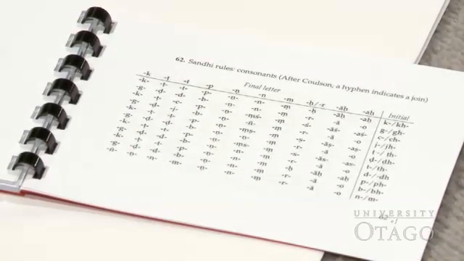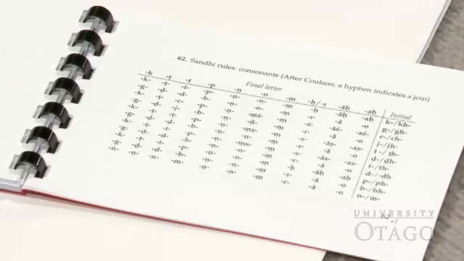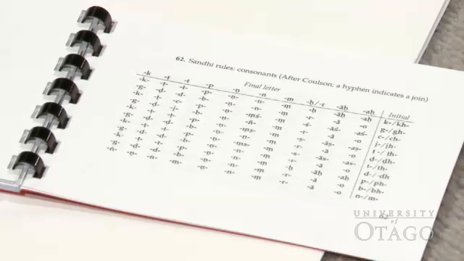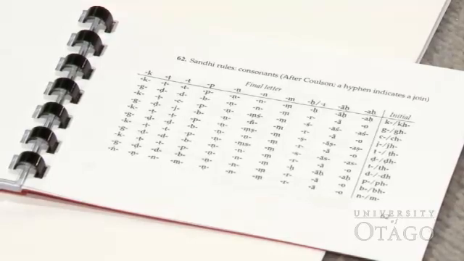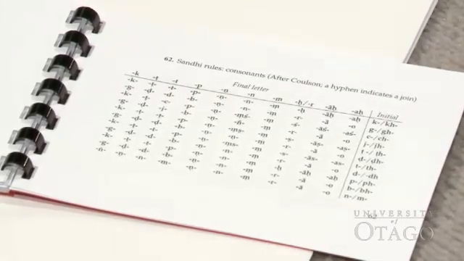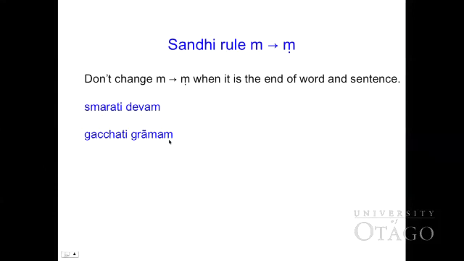Don't change M to M dot when it is at the end of a word or sentence, such as Samarati Devam. So M, no change. Kachati Kramam, M, the last one, no change.